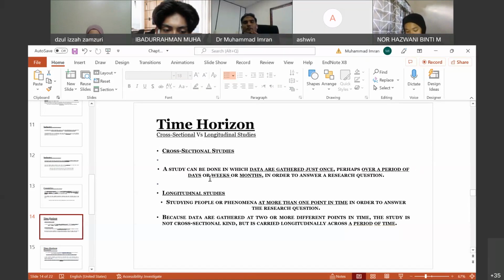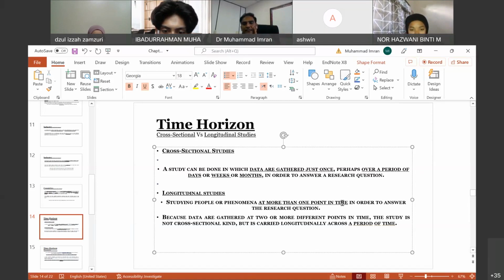perhaps over a period of days, weeks, or months, in order to answer the research question. One time. Here, in a longitudinal study, people study the phenomena at more than one point in time. Maybe the first data collection happens today, the second data collection happens after 1 month, and the third after 3 months.